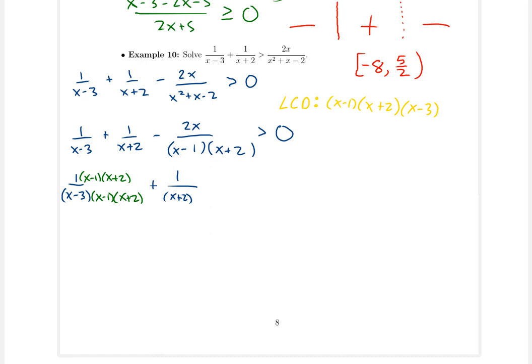So this I want to multiply by x minus 1, x minus 3, on top and bottom. Minus 2x over x minus 1, x plus 2. So the only thing that's missing is the x minus 3. So multiply by x minus 3 on top and bottom.